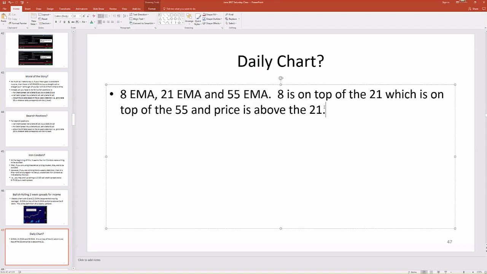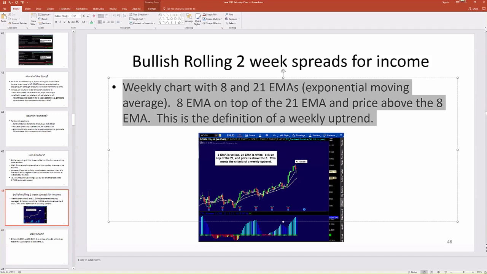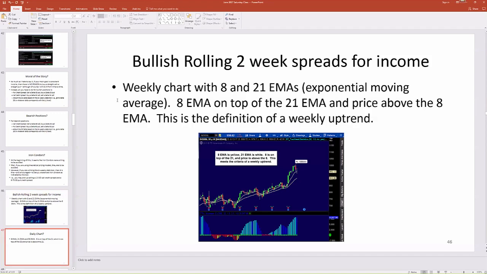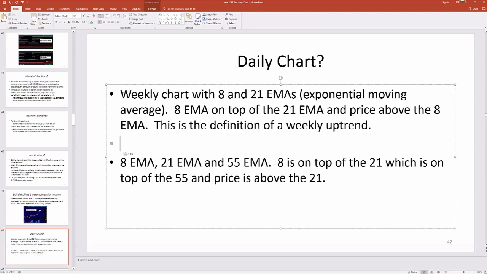In fact, let me get both of these here together so that's not confusing. And this also takes into account the idea of multiple time frame analysis, right?